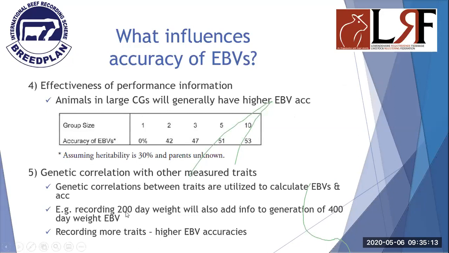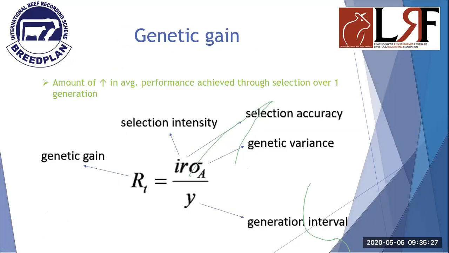And also if there are other genetically correlated traits that were actually measured, they also increase the accuracy of the specific trait's EBV.